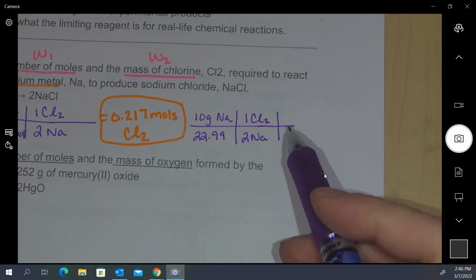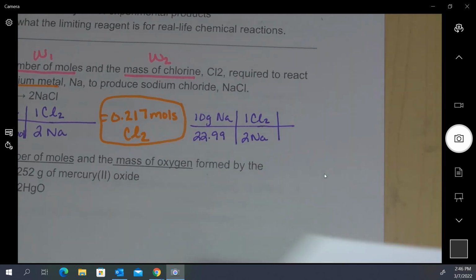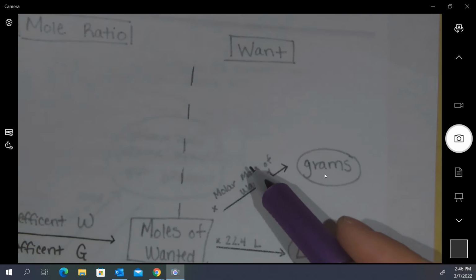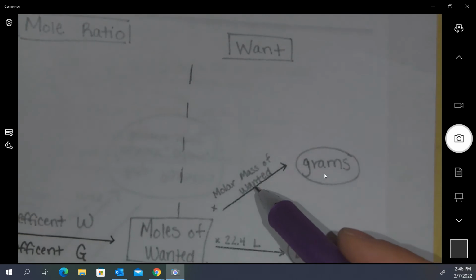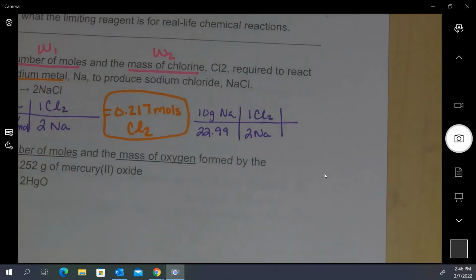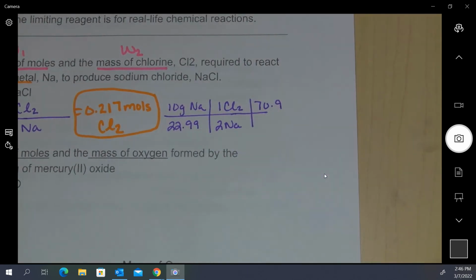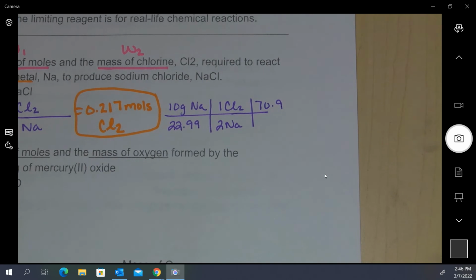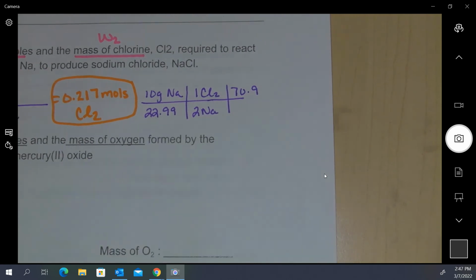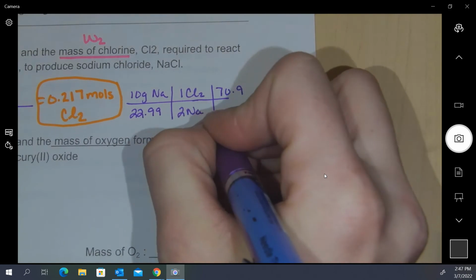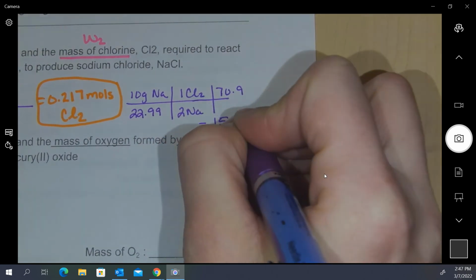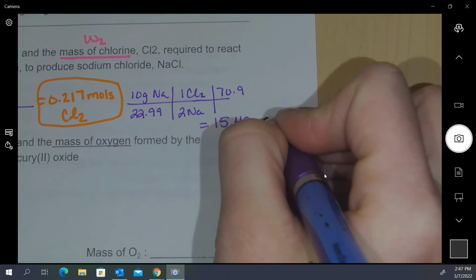So up top here, because we want grams, we're going to multiply times the molar mass of what we want. And what we want is Cl2. That is 70.9. So when you multiply that times 70.9, you end up getting an answer of 15.42. And that's going to be grams of Cl2.